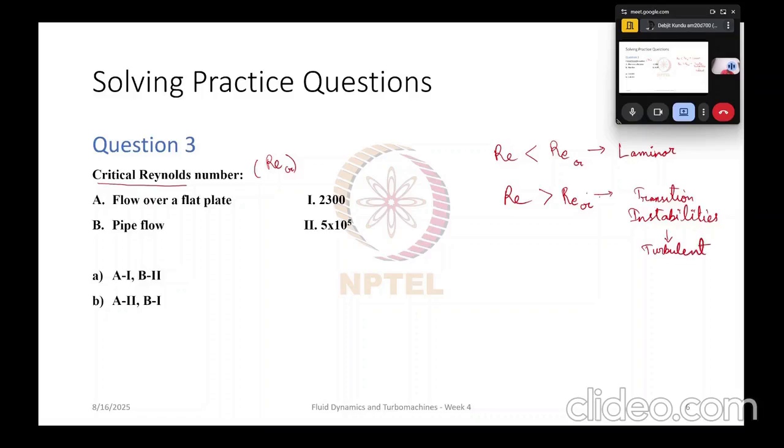But what is guaranteed is that, if it is lower than Reynolds critical, then it has to be laminar.